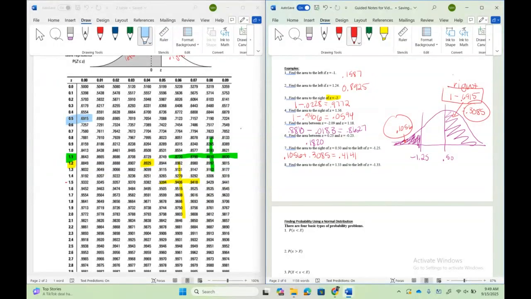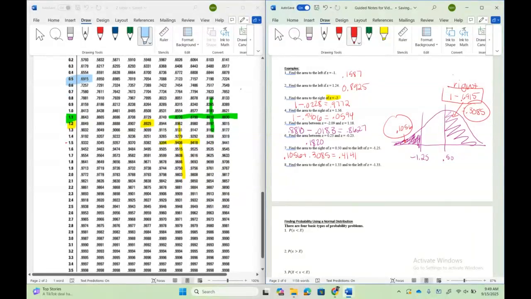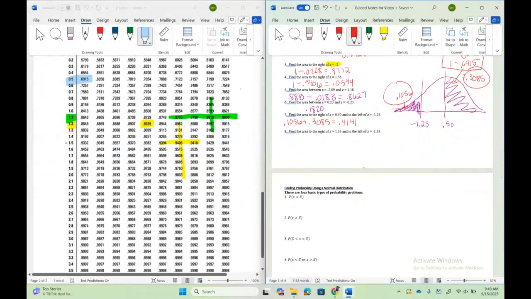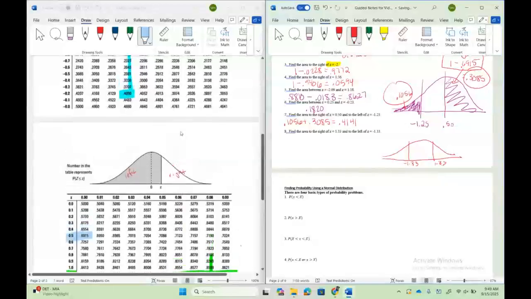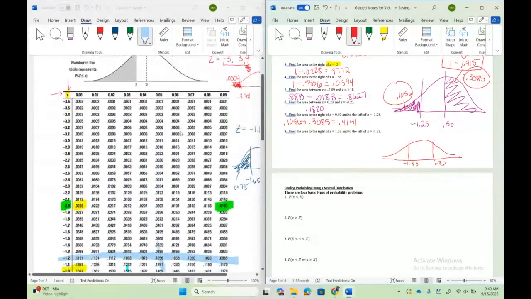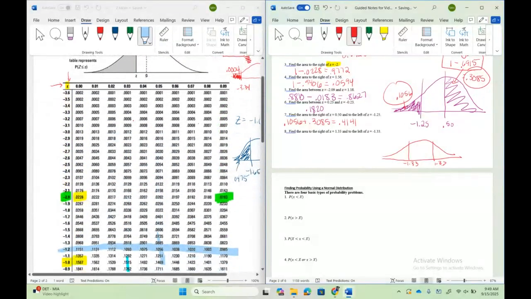Okay, so I'm going to do the same thing for this next problem. I need to find the area to the right of 1.33 and the left of negative 1.33. Ah, these z-scores are the same. Maybe I can use some symmetry here to help me out.